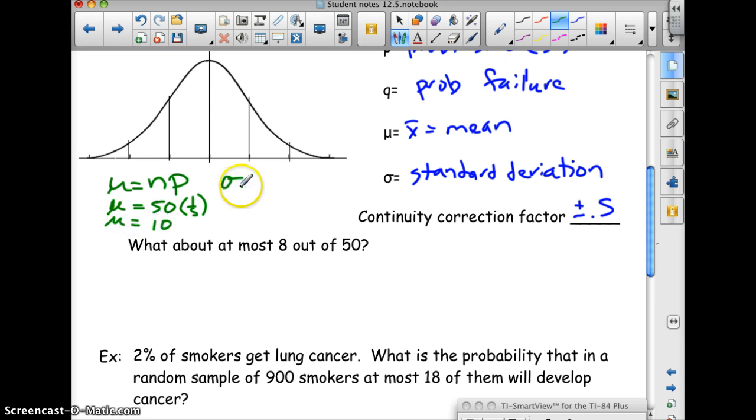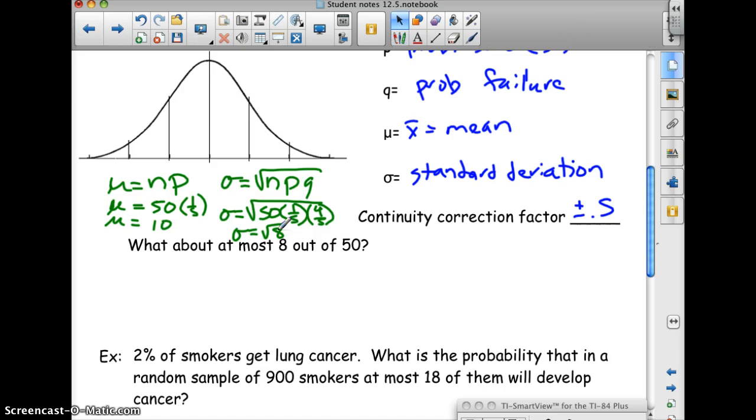The standard deviation is the square root of n times p times q, so the square root of 50 times 1/5 times 4/5. When you do 50 times 1/5, that's 10, and 4/5 of that is 8. So you get the square root of 8.